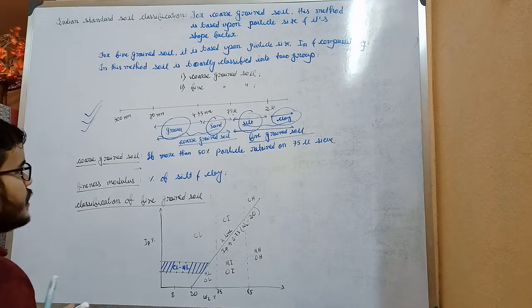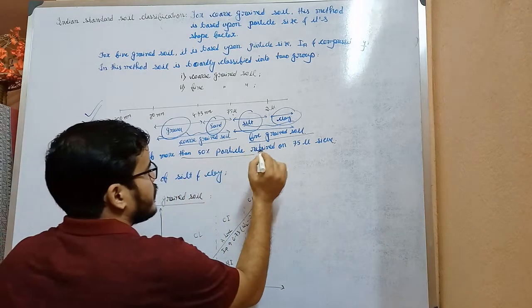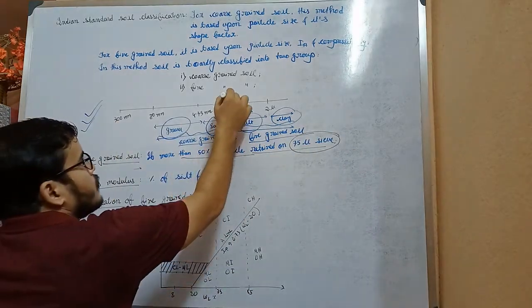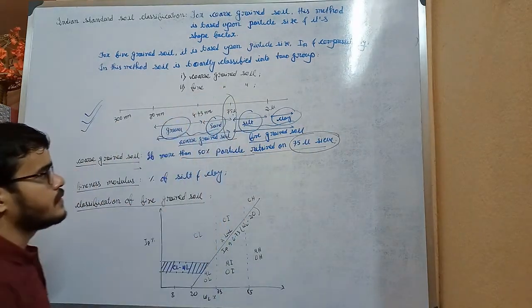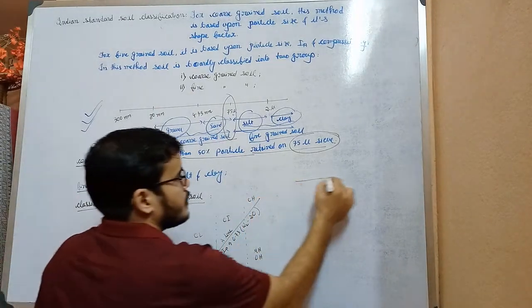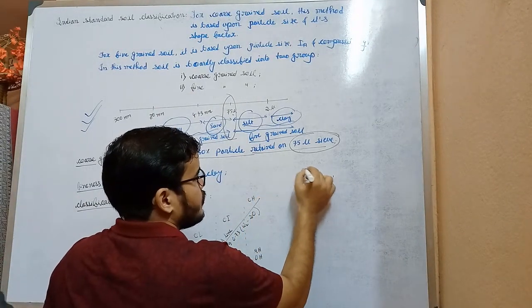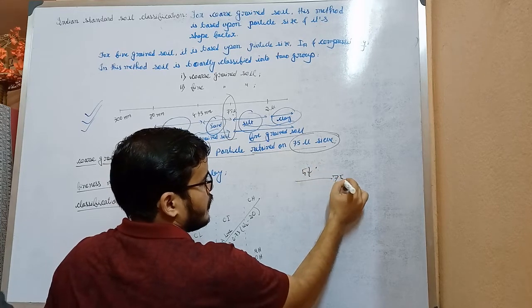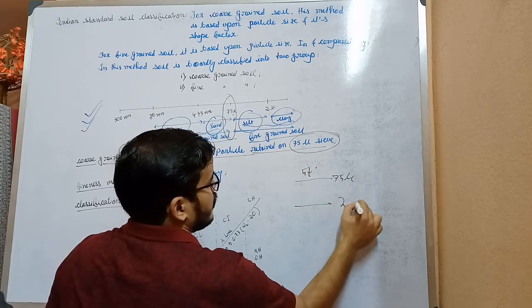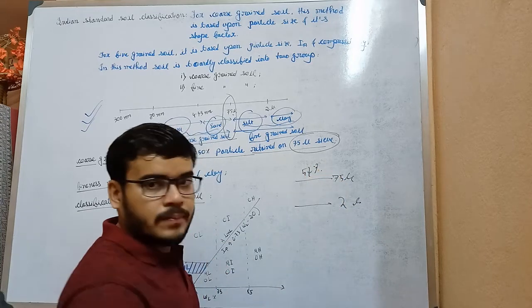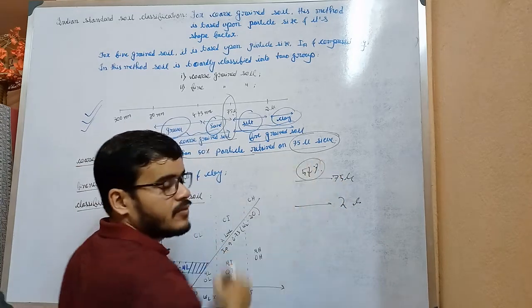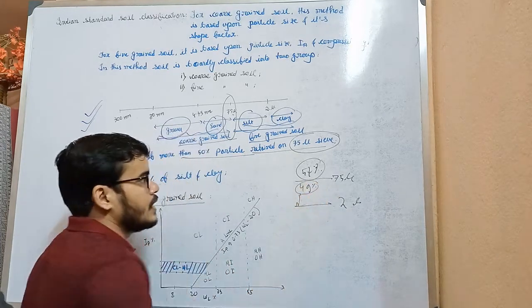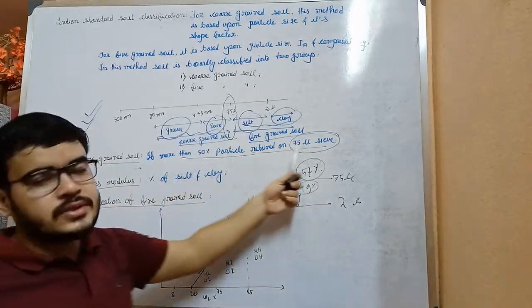Now see this chart. If more than 50% particle retained on 75 micron sheet. Look, 75 micron sheet. If this is a sheet, if more than 50%, 51% particle retained on 75 micron sheet and pass 49%, then it can be called as coarse grained soil.